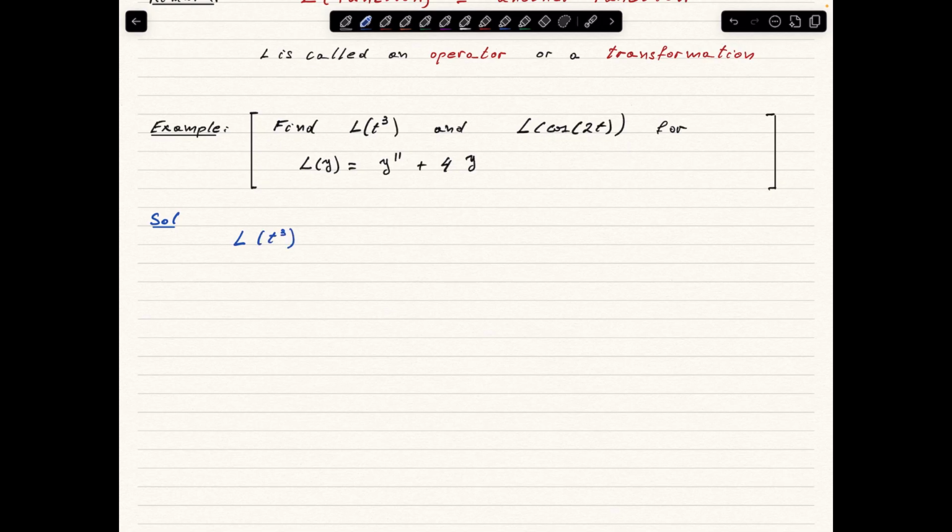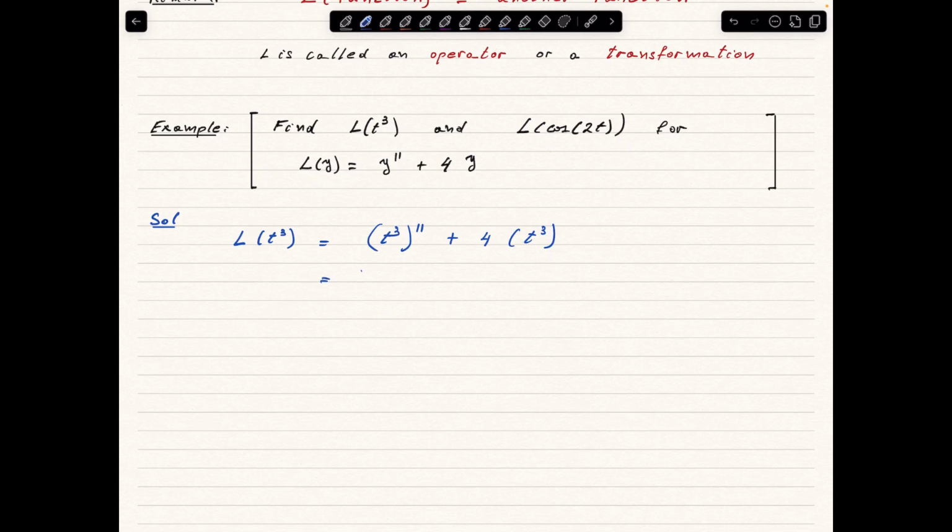Well, notice now the operator acts on functions, not just on a single number, but on the whole function. And what the operator does is grab the whole function t cubed and compute two derivatives of it, and then add 4 times that function. So then we are going to have a new function.